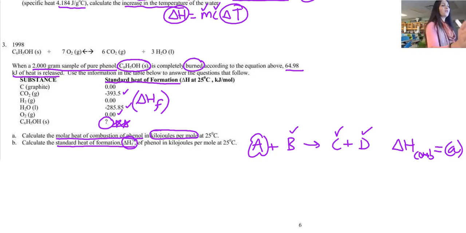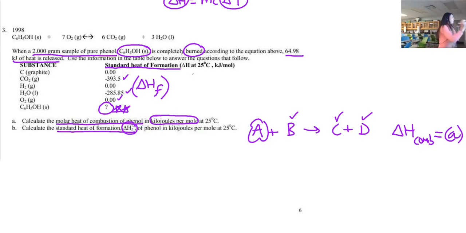I did want to go over that with you real quick a second time, just to make sure that you're okay with this. So I'm going to make up a problem. Let's say it's 2A plus B yields 3C plus D, and I'm looking for A. I don't know what A's value is.